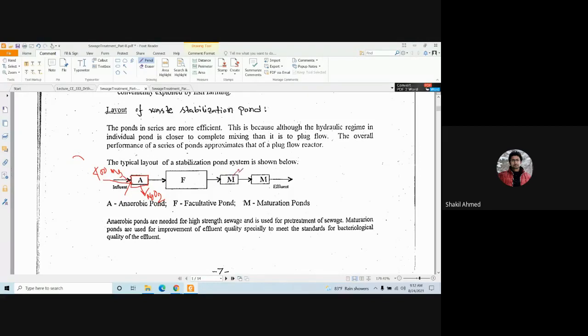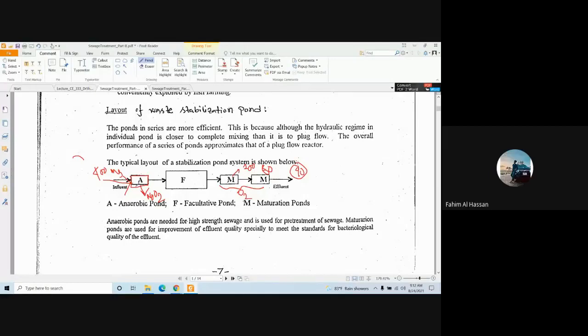So now it has reduced the load, maybe 100, and here maybe 40. Here maybe 60, and then finally it's 40. So there is oxygen.